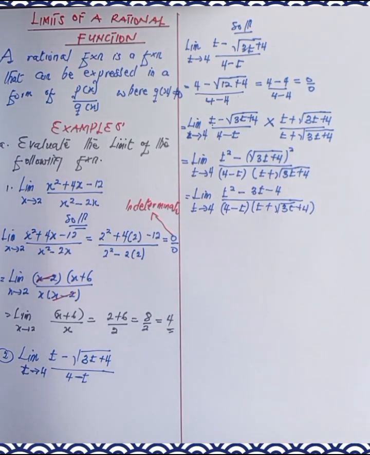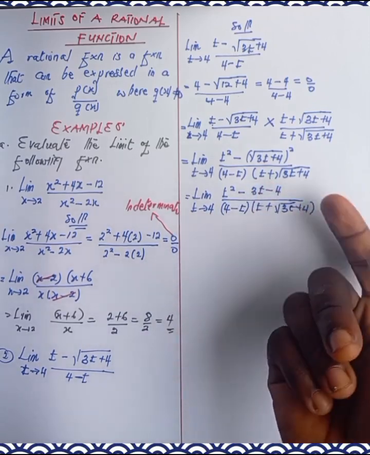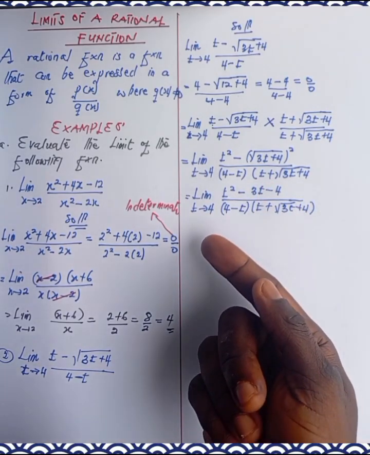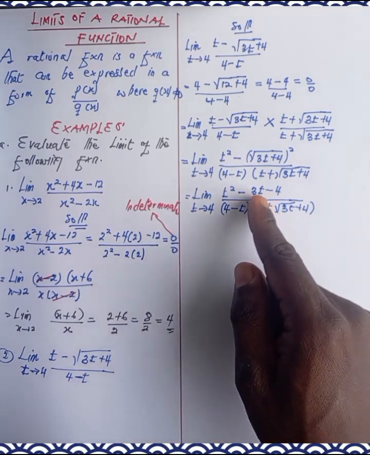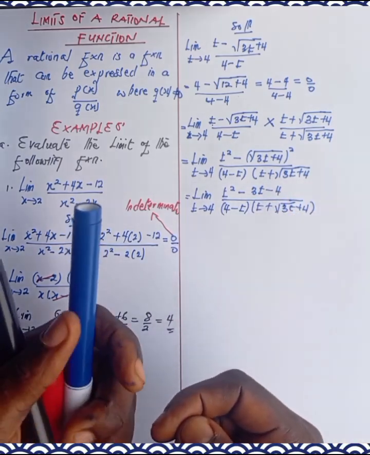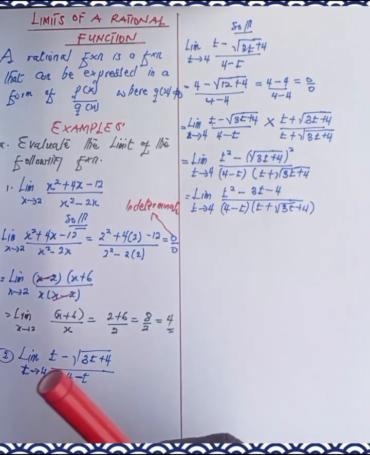So from here, when we do our direct substitution, we are still going to get 0 over 0, because t squared will give you 16 and then minus 16, which is 0 over 0. So we have to continue massaging the function.